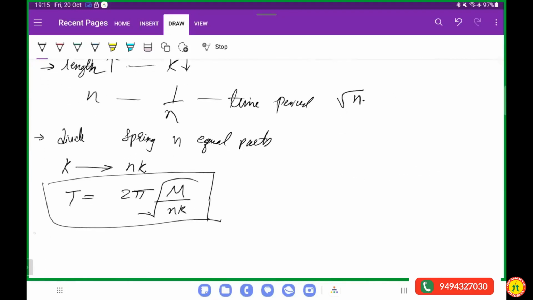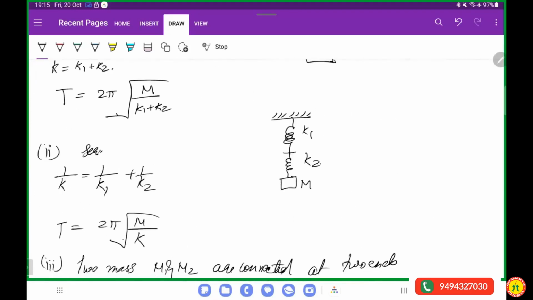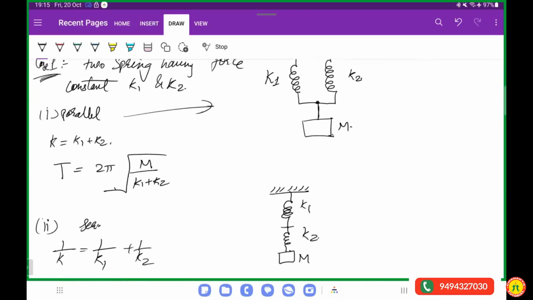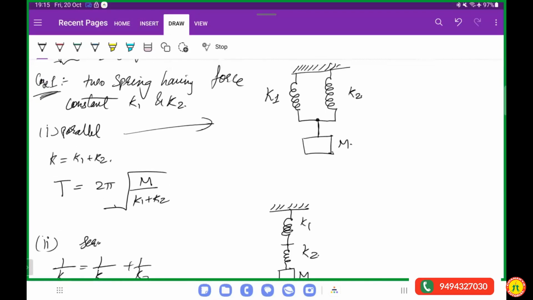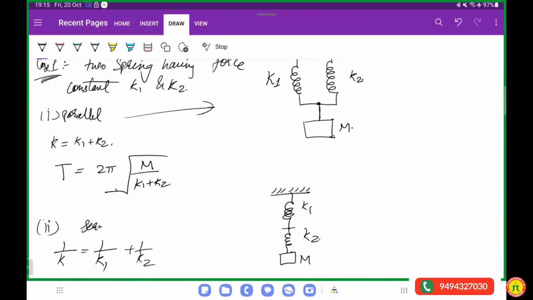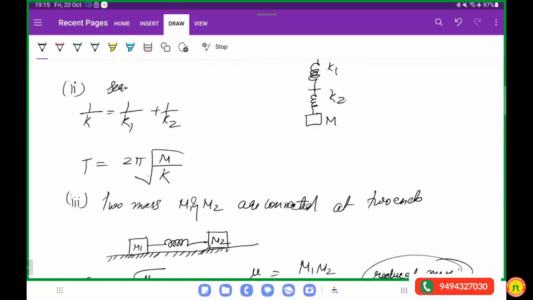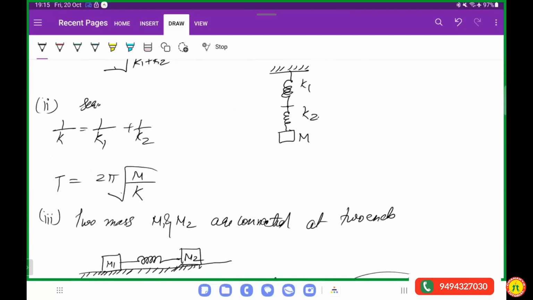Could you scroll up? Yes, sir. The upper one, case. Could you scroll up? Into series. Second floor.